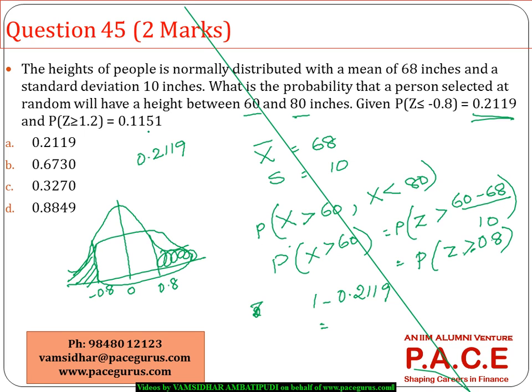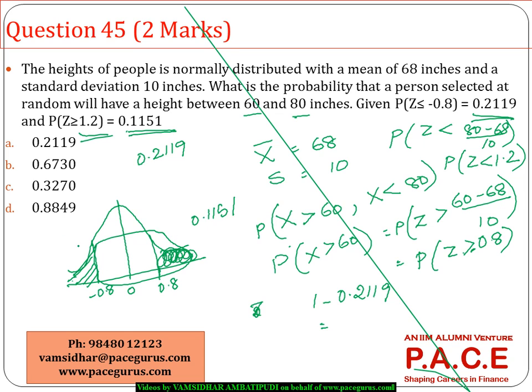Then I also want x less than 80, which means the probability of z less than 80 minus 68 by 10, which means z less than 1.2. Z greater than 1.2 is 0.1151. So this area works out to 0.1151.